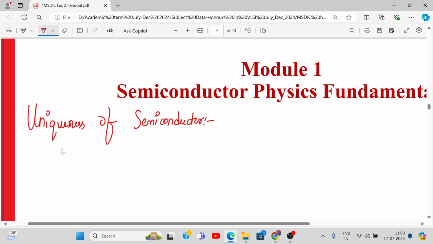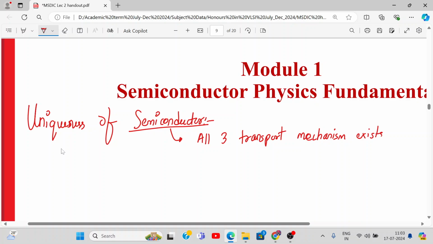In metals and insulators we don't have all the three phenomena, but here all three transport mechanisms exist.